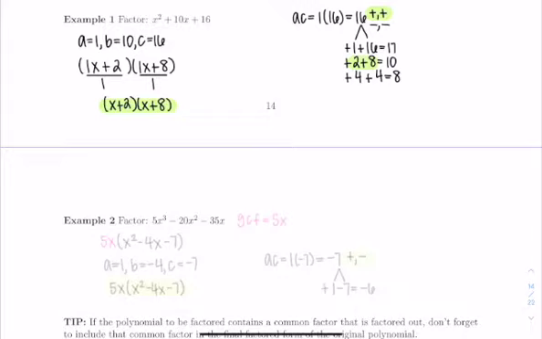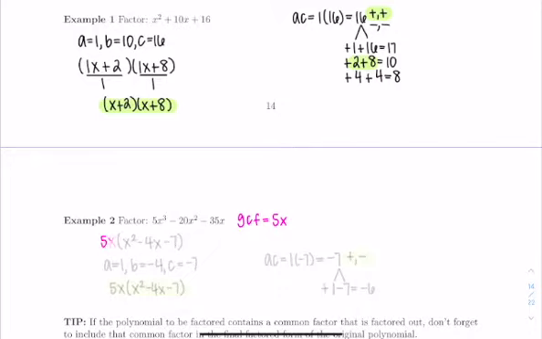Let's go ahead and try another one. 5x cubed minus 20x squared minus 35x. First things first is GCF. Do I have a greatest common factor that I can pull out? I can pull a 5 out of all three terms, and I can also pull out an x.